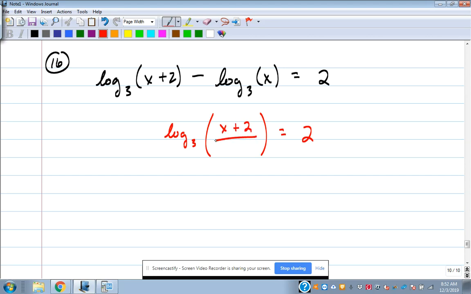X plus 2 over x. No, it does not cancel out. You can't. All right. Now we want to get rid of the log base 3, so we exponentiate with 3's. So x plus 2 over x is equal to 9. And maybe if I put this as 9 over 1, it helps you know how to do that problem.